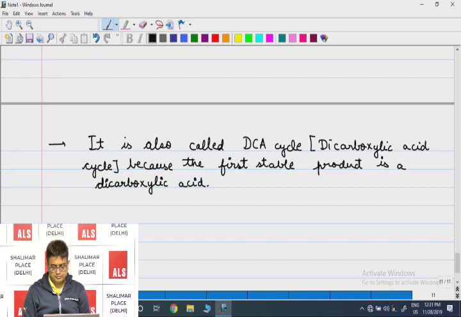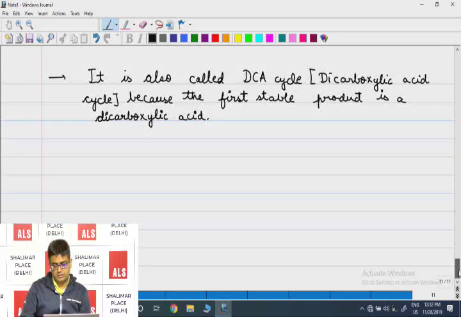Okay. Now let us write the examples. And a few things also. Sometimes the name of the enzyme used in this reaction is also asked, so I will just write it down.